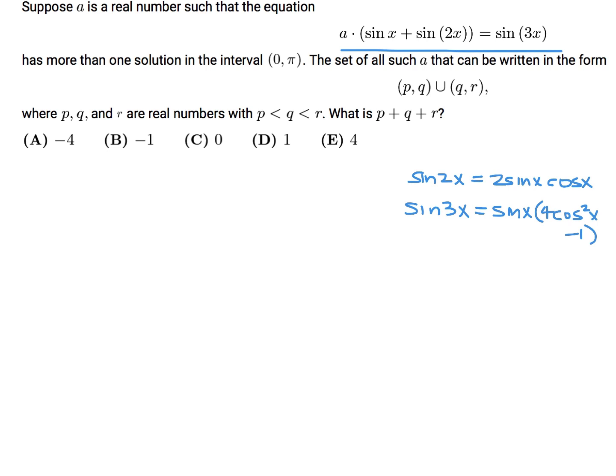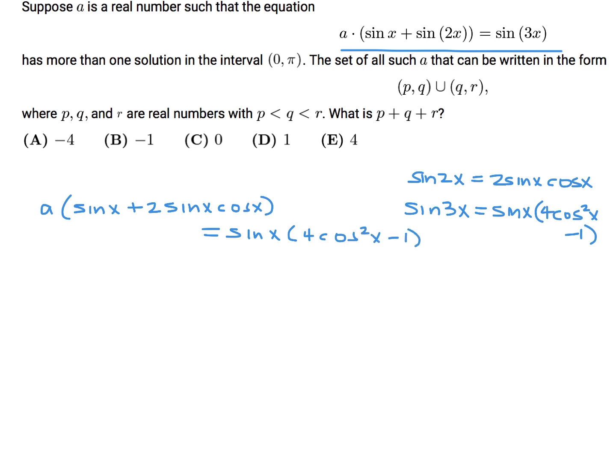So we're going to have A times sine x plus 2 sine x cos x, and that's equal to sine x times (4 cos squared x minus 1).